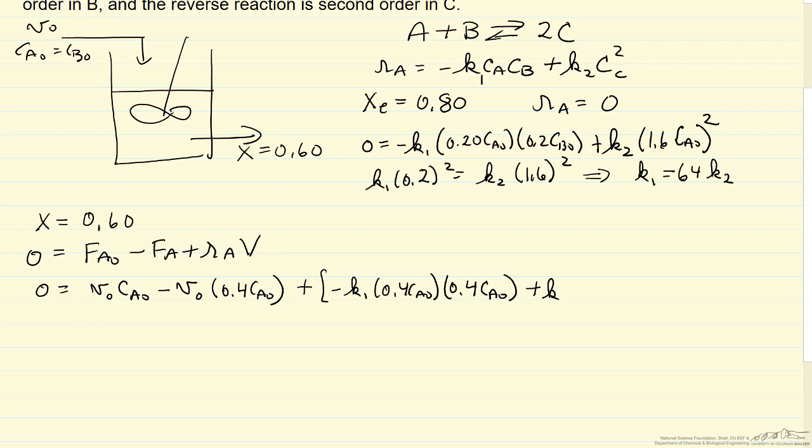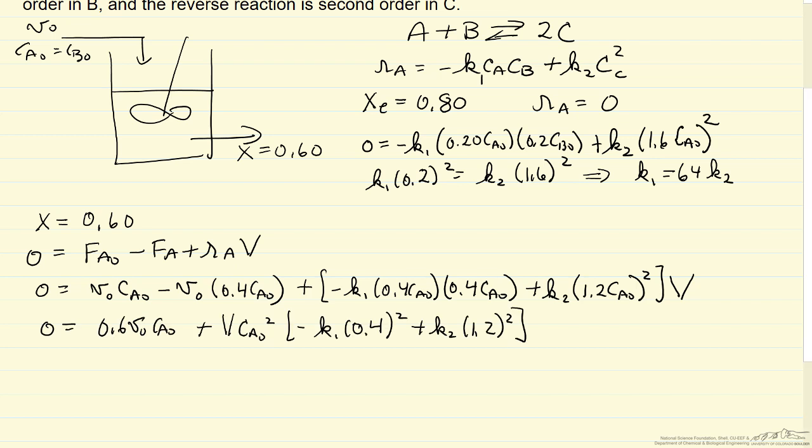And then the reverse reaction, if 0.6 moles of A react, we make 1.2 moles of C. So this is 1.2 CA0, and it's second order, so that's squared, times the volume of the reactor. And now let's simplify this.